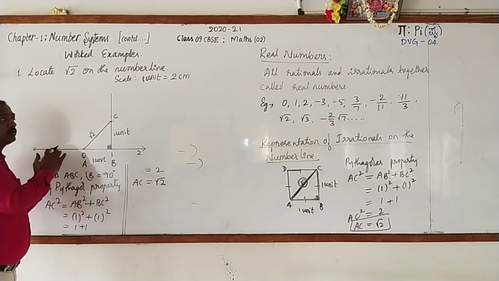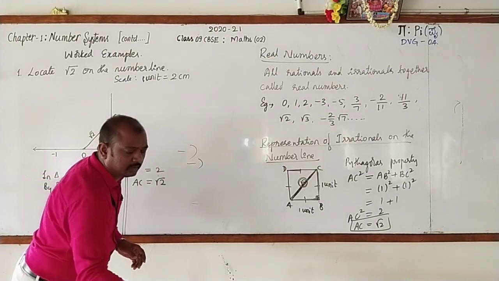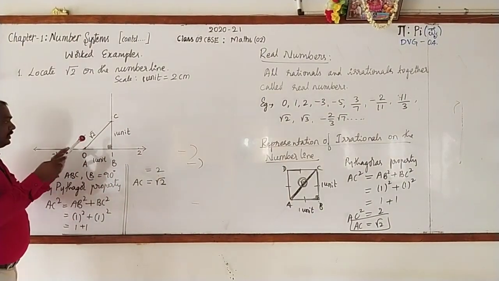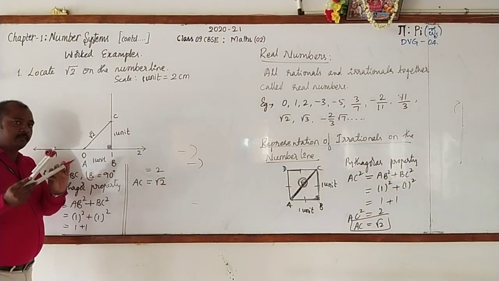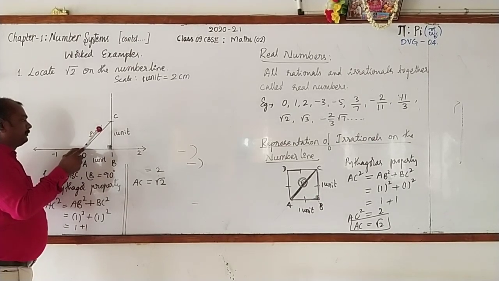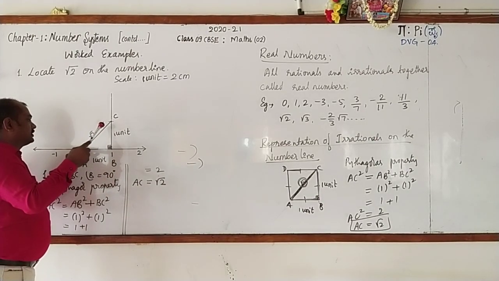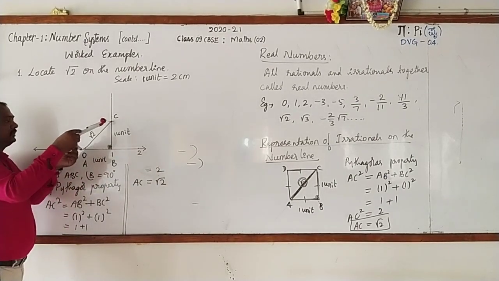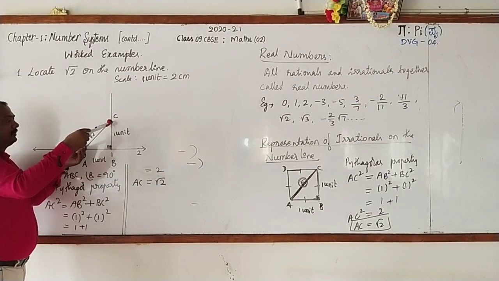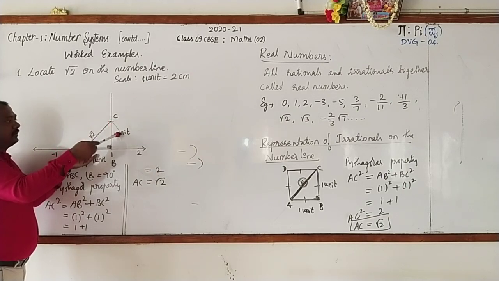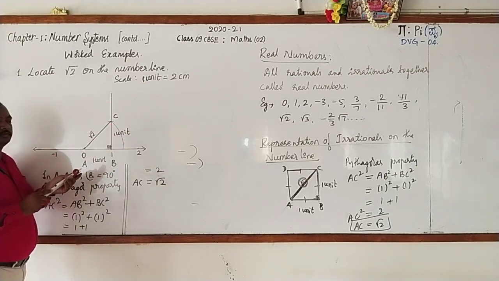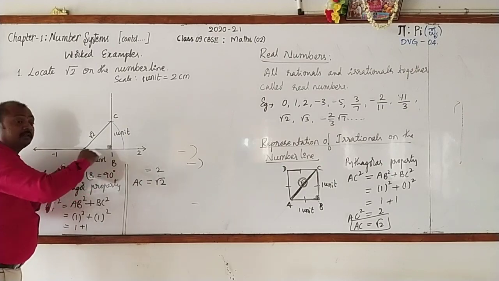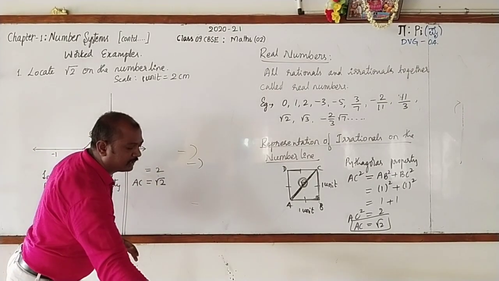But this root 2 should be represented on the number line. Very simple. Take a compasses, then take a distance of AC. Please observe the distance AC. With A as center, draw an arc which cuts the number line at a point.